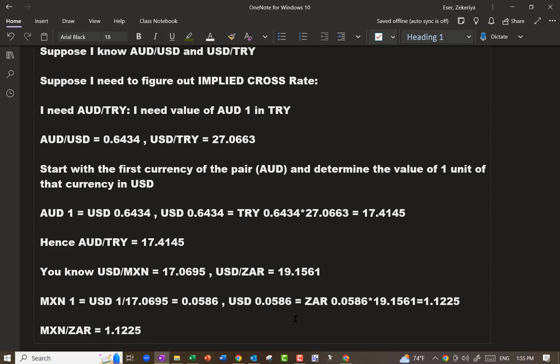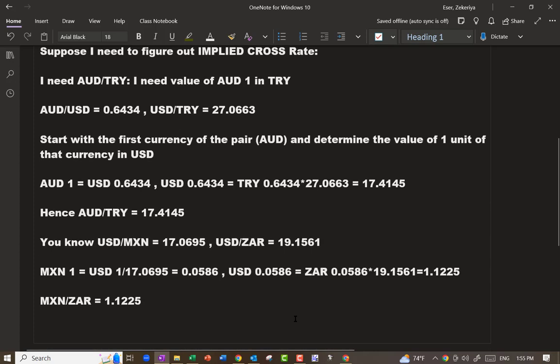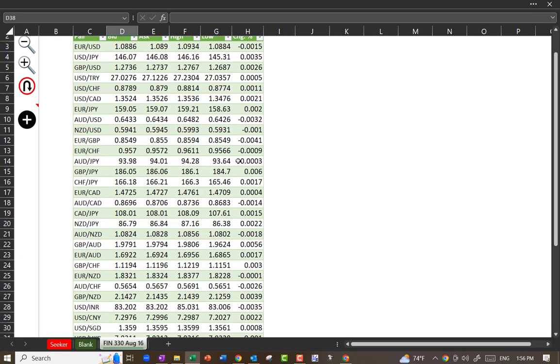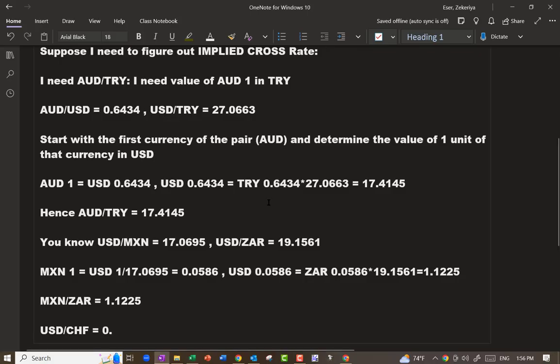Now let's do another one. Let's see. USD Swiss. Where are you? 0.8789. That means 1 Swiss franc is more valuable than 1 US dollar.